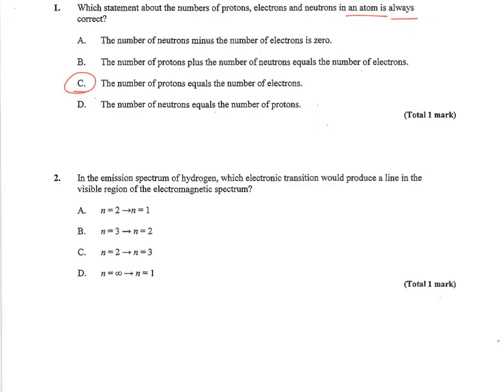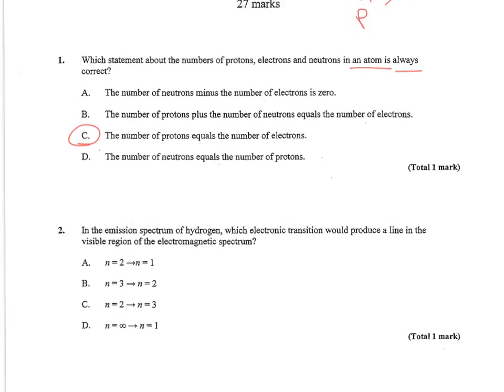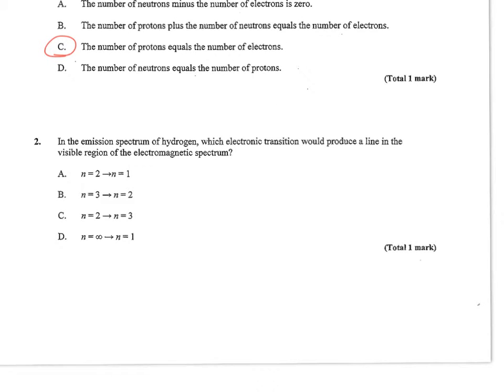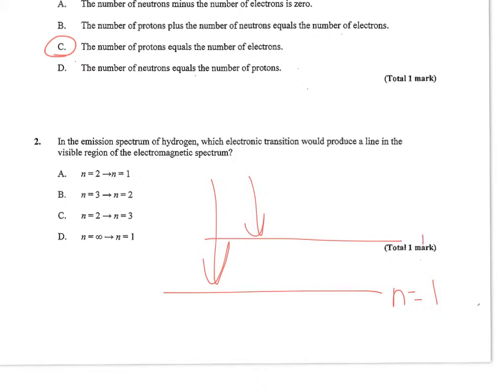Number 2 then asked, in the emission spectrum of hydrogen, which electron transition would produce a line in the visible region? What you have to remember about hydrogen is it drops to energy level 1, it can drop from an upper level to energy level 2, or it can drop to energy level 3. And we know there's a visible spectrum, a UV spectrum, and an infrared spectrum.